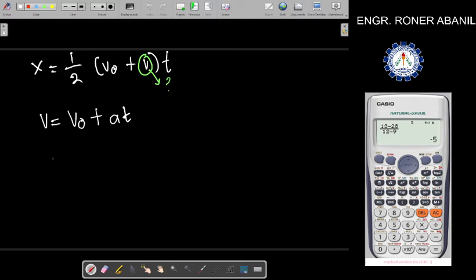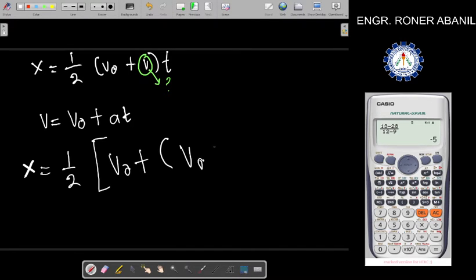So, paano yun? So, magiging x is equal to 1/2 v0 plus the quantity v0 plus at.